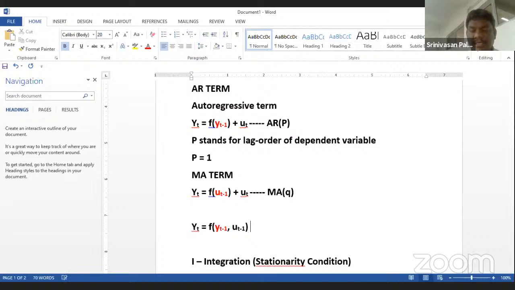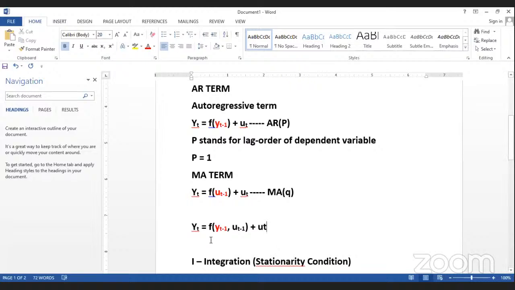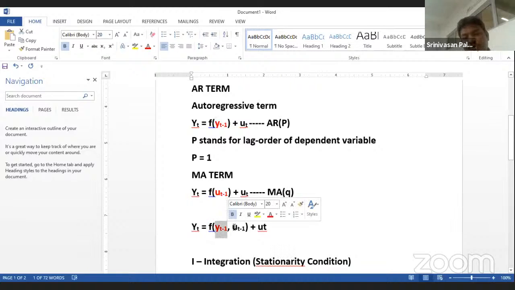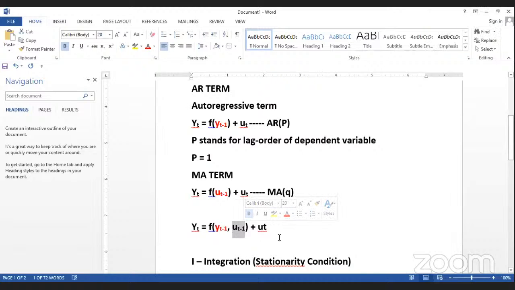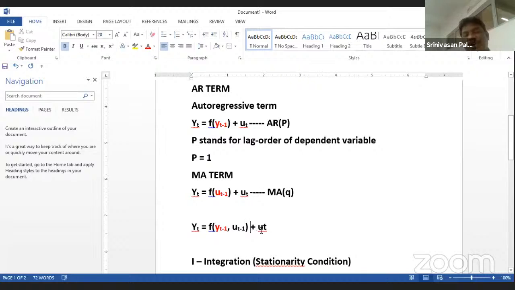Plus the normal UT. So this is AR1, this is MA1. Moving average is nothing but your lagged error term. So the normal UT I am introducing. I converted it to VT, but still okay, no problem. For understanding, this is UT.